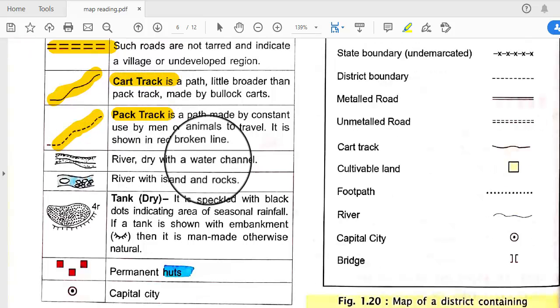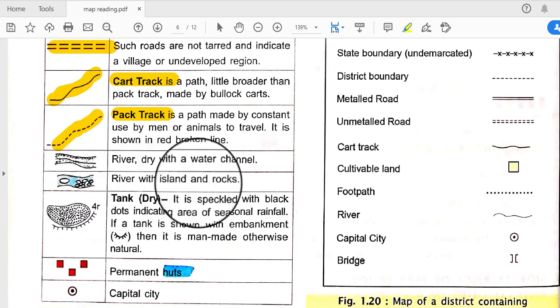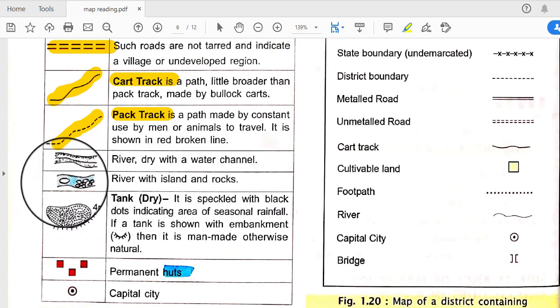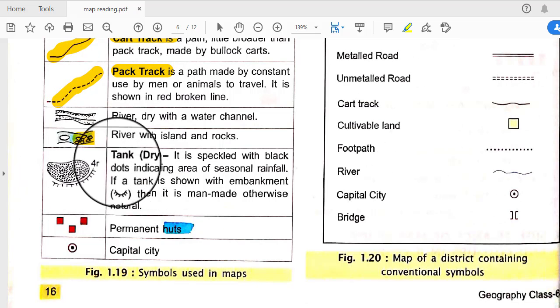This is a dry river with a water channel, and this is a river with island and rocks, and this is denoted as the tank.